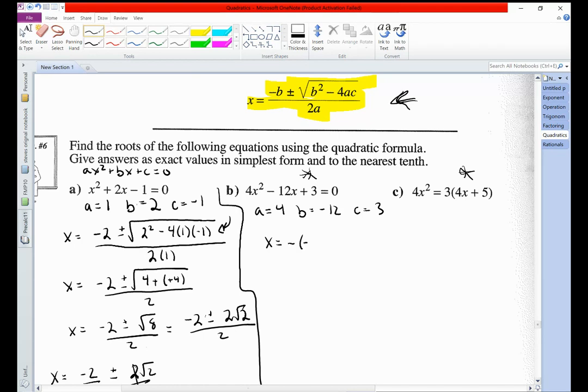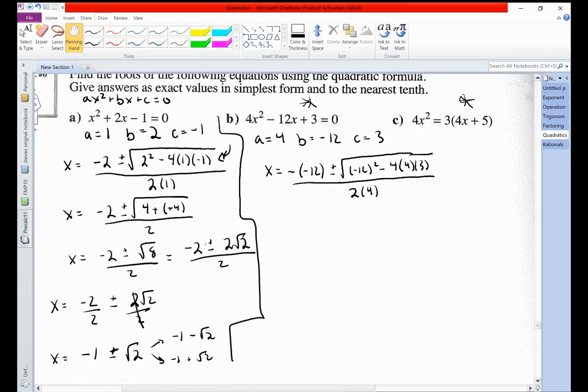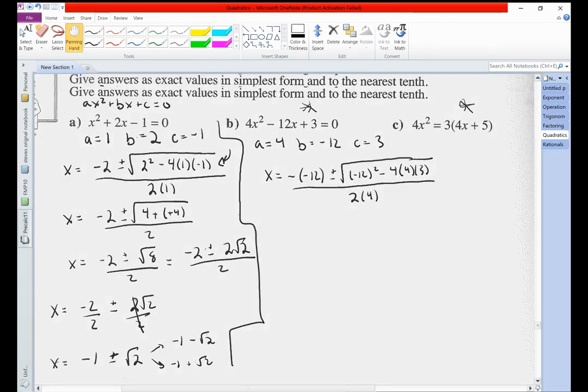So we're going to go negative B plus or minus square root of B squared minus 4AC, so 4 times 4 times 3, all over 2A. So we just need to start simplifying.